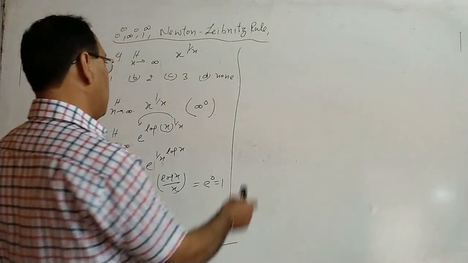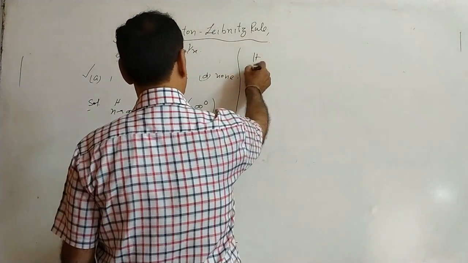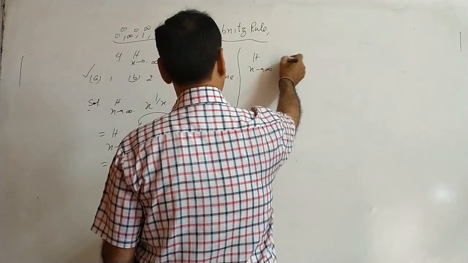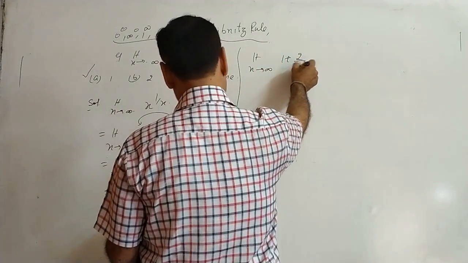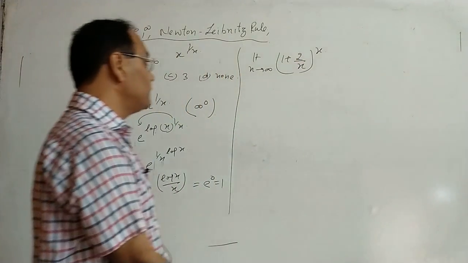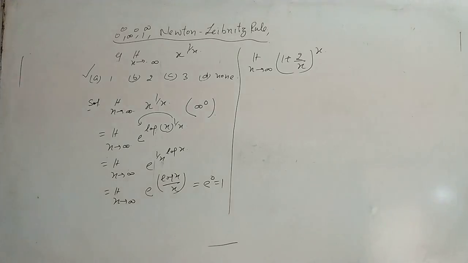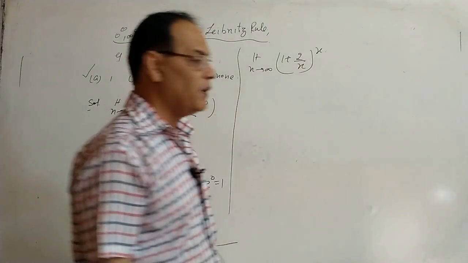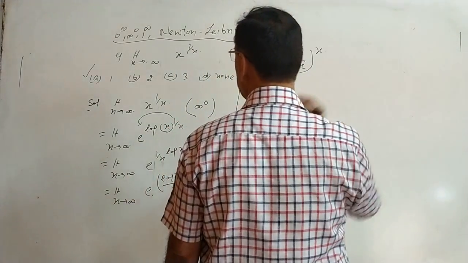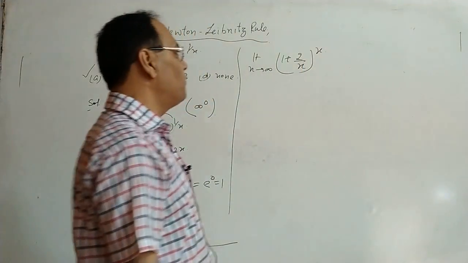Okay, let me take the question like limit x approaches infinite of 1 plus 2 by x, then raised to power x. We have a very important type, and I can give a very short trick. How can we solve that type of form?